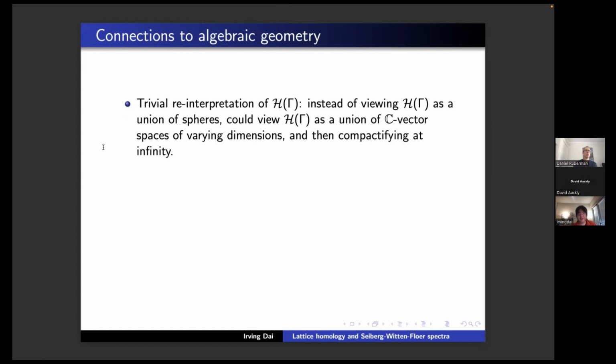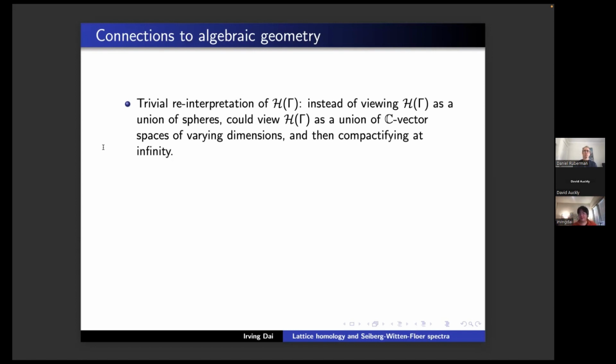I could very trivially tell you a different construction: inside of H, the quaternions, I have two copies of C, right? I have C and I have J times C, and these are two copies of C, which of course intersect at the origin. I take these two intersecting planes inside of H and compactify at infinity. And of course, once again, I would just get two spheres glued together.